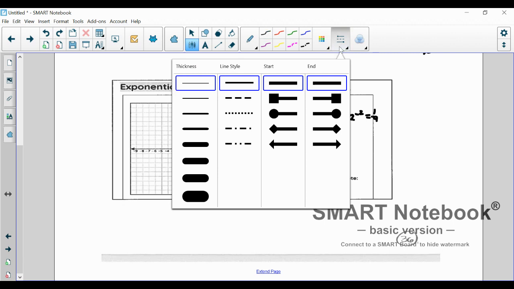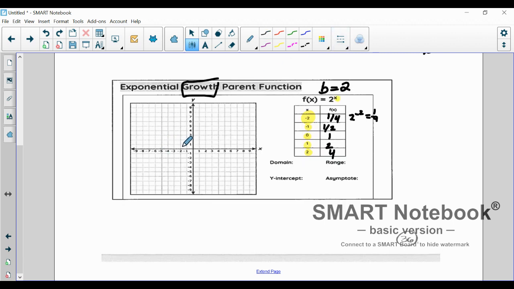So if we were to graph it, we would have -2 be at 1/4, -1 be at 1/2, 0, 1, 1, 2, 2, 4. And if we were to add in one more, 3, 8, because 2 to the third is 8. So you can see this shape is starting really close to the x-axis, getting bigger, bigger, bigger very quickly.